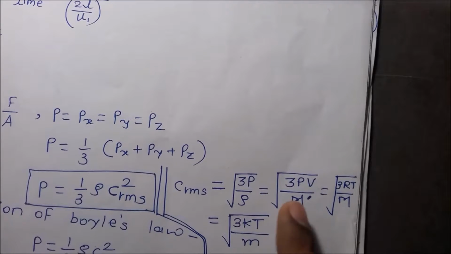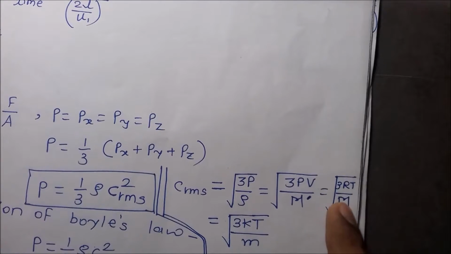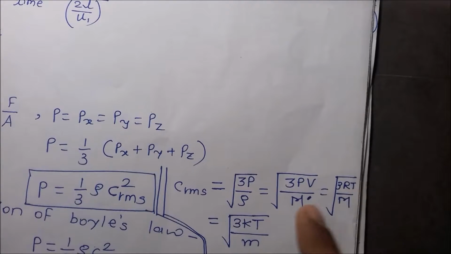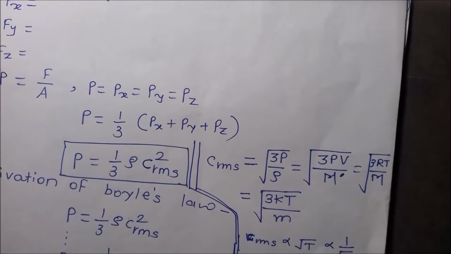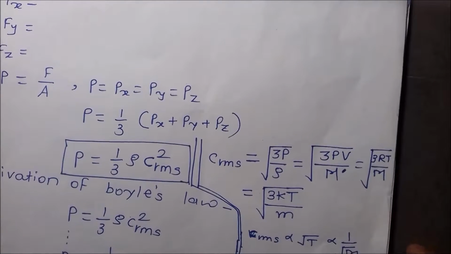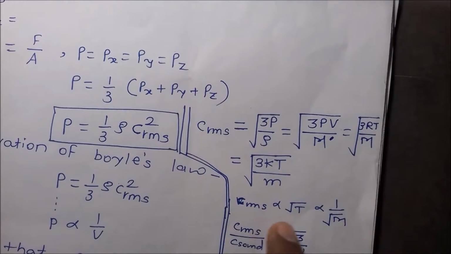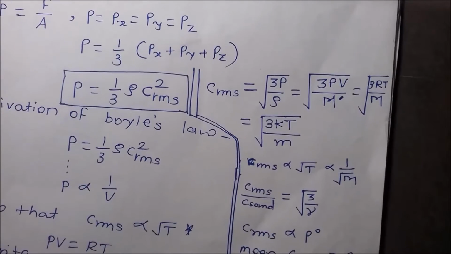CRMS is equal to root 3PV upon m dash. It is also root 3RT upon M, where M is molecular weight, T is temperature. It is also root 3kT upon m, where m is mass of one molecule, T is temperature in Kelvin, k is Boltzmann constant. CRMS is proportional to root of temperature, inversely proportional to root of molecular weight.